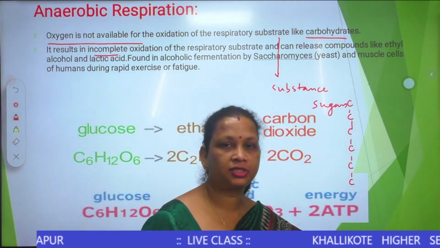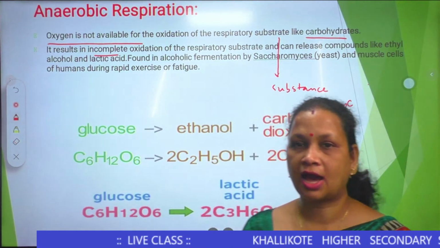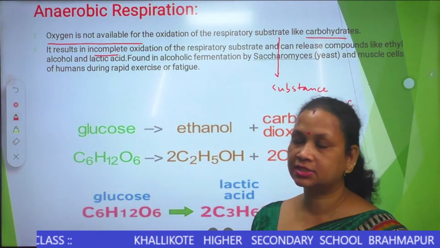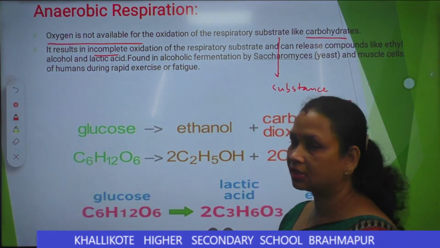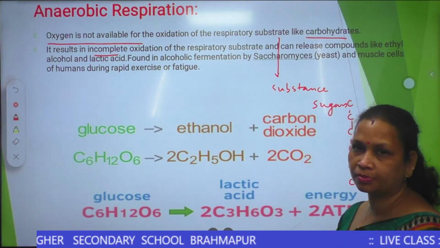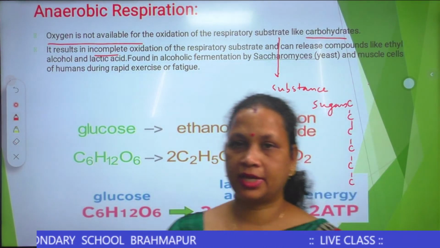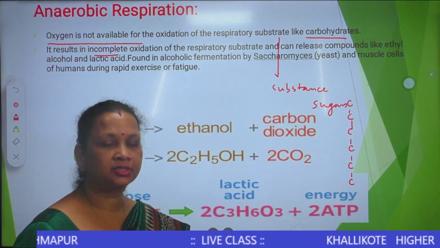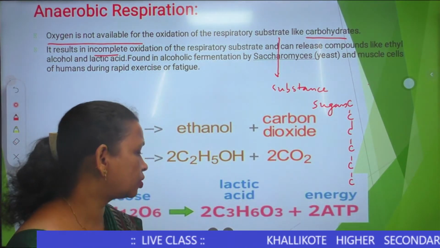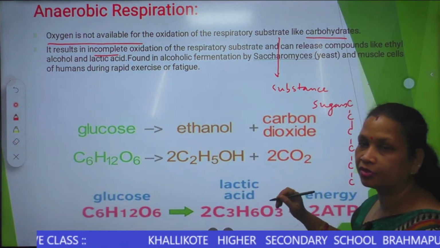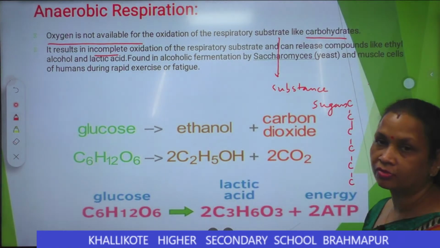Whenever oxidation is occurring, these carbon bonds shall break to release energy, and the released energy is trapped in the ATP molecule. When oxygen is not present, there is a partial breakdown of the respiratory substrate. If glucose is present, the partial breakdown may give you different types of products.